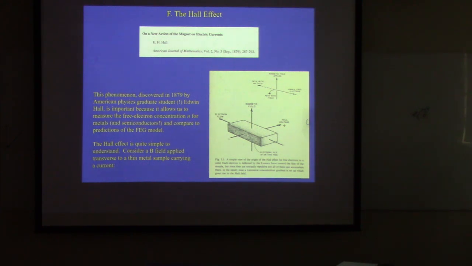It will experience the Lorentz force, given by E times V cross B. V is the motion of the electron, B is the magnetic field. If the electron is not moving, that means V is 0, there is no force. But if you have an electric field and the electron is moving, and I apply a magnetic field, it will experience this force, given by E times E plus V cross B.